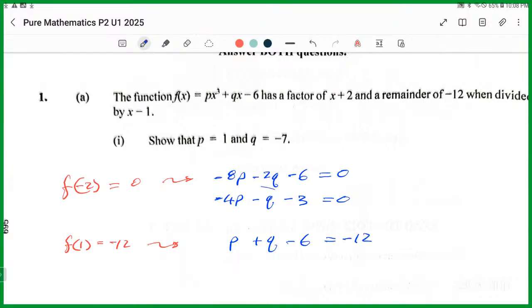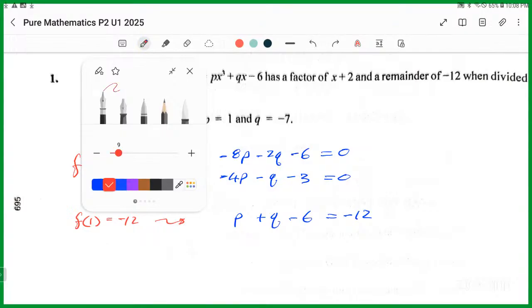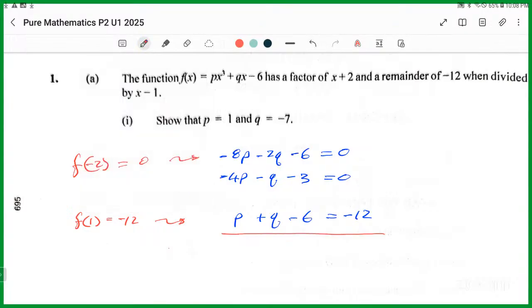And now we solve these two equations simultaneously, and you can eliminate q by adding them.